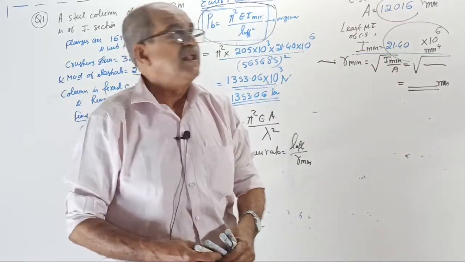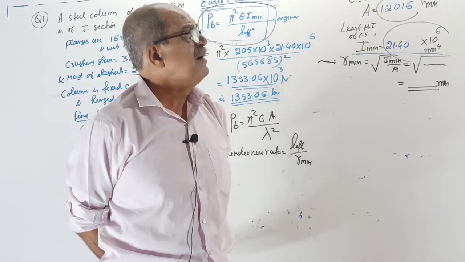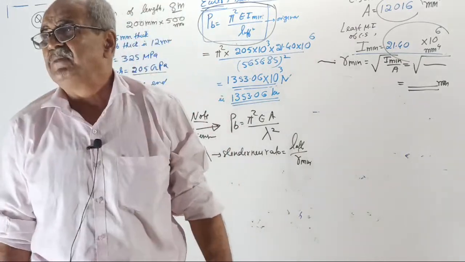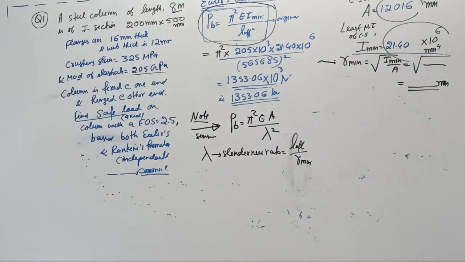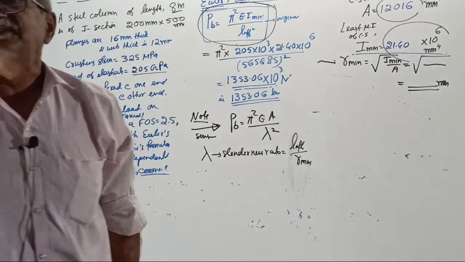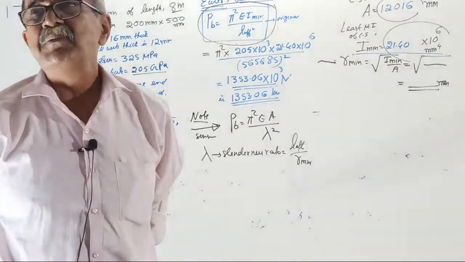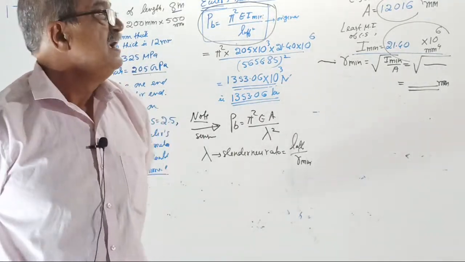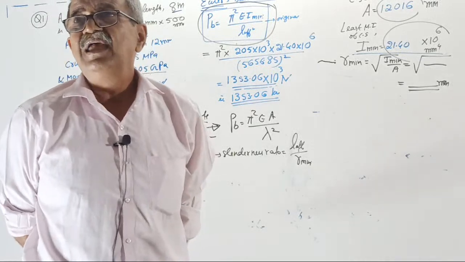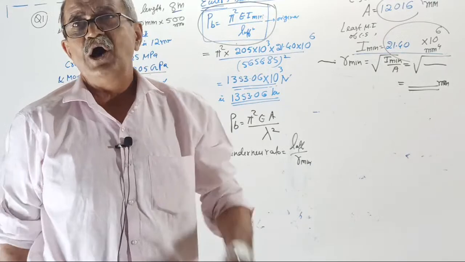It comes in millimeter. If it is ISMB 500, I think r minimum is around 40 odd millimeter. I remember, I told you, I take steel structures also. If it is the ISHB series, r minimum is around 50, 60. Therefore, remember, in the steel class I told you, ISHB is superior to ISMB for column.